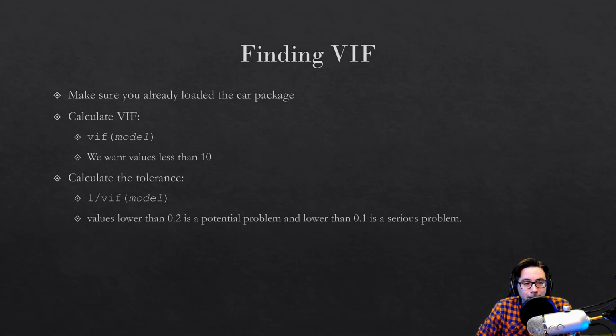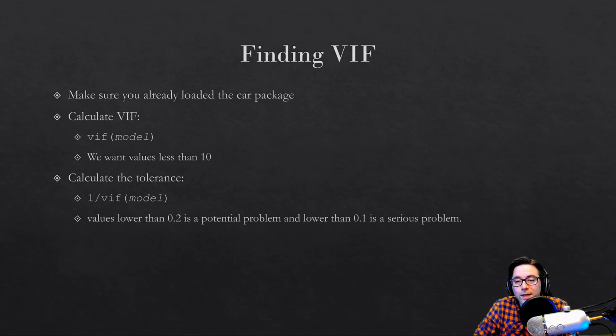When you run the VIF, you put the model in there, and you want it to be less than 10. If it's less than 10, that's great. Likewise, the tolerance is the inverse of that, remember? So we want values that are not less than 0.2. If it's less than 0.2, it's a potential problem. If it's lower than 0.1, then that's a serious problem.